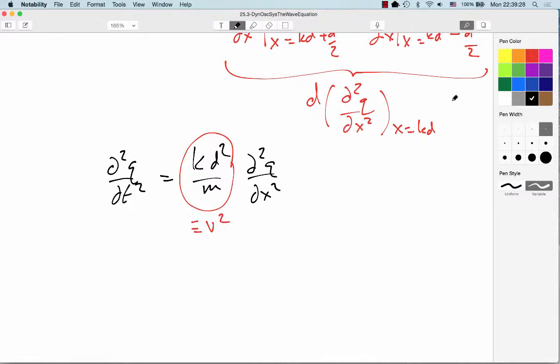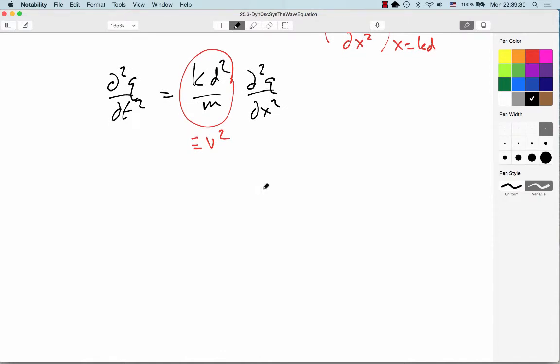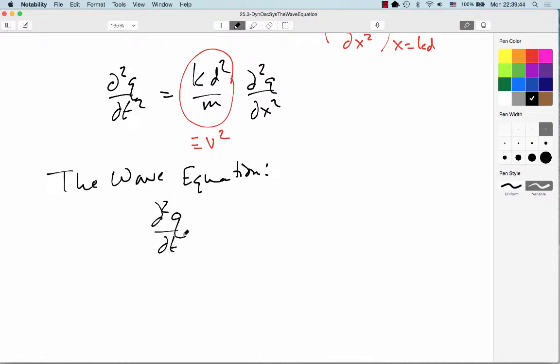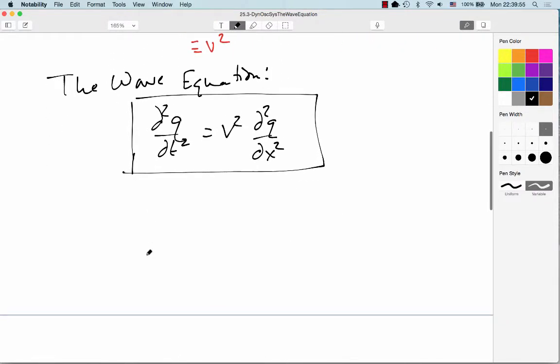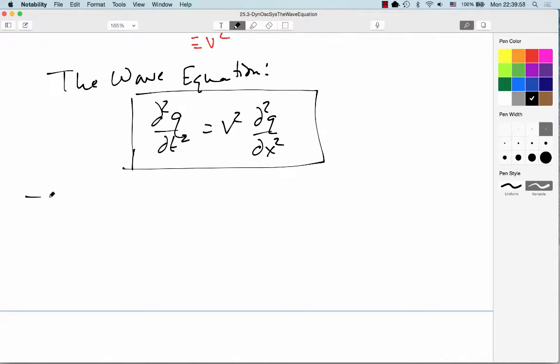We'll have to interpret what this v is, but I don't think it's going to be any great surprise when we get there. So anyway, we obtained the wave equation: partial squared q partial t squared equals v squared partial squared q partial x squared. All right, so with that, let's go to work on interpreting this v.